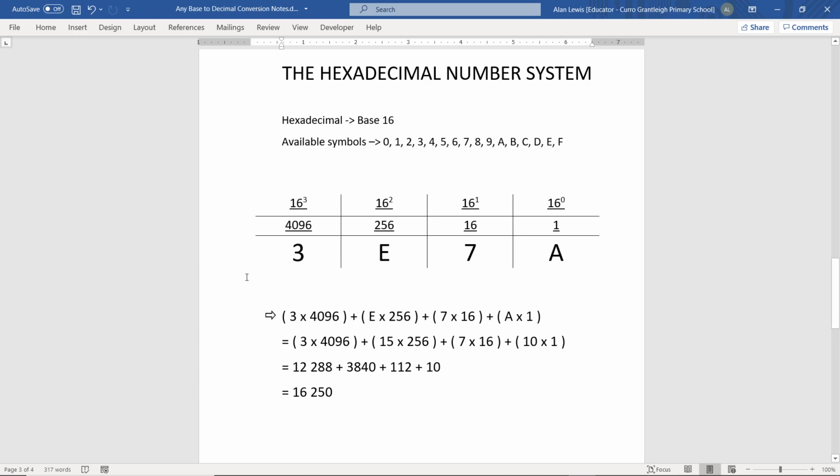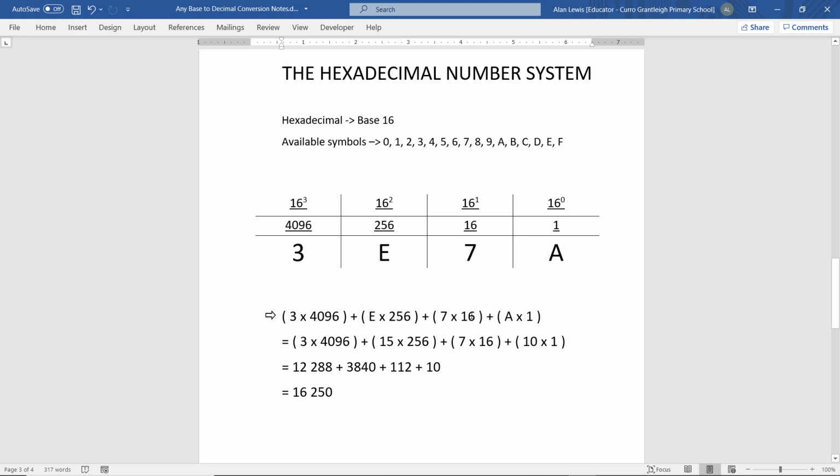So let's see what that number represents. We have got this number, 3E7A. So that means I've got 3 4096s. There they are, 3 times 4096, plus I've got E 256s. There's my E times 256, plus I've got 7 16s.